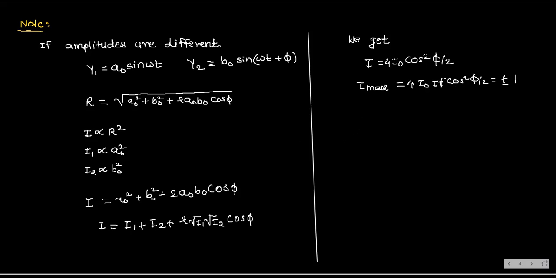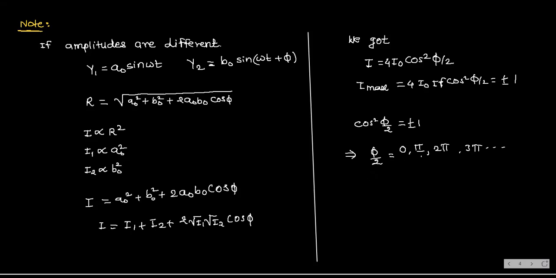So cos square phi by 2 should be equal to plus or minus 1. That implies phi by 2 should be equal to 0, pi, 2 pi, 3 pi, and so on.